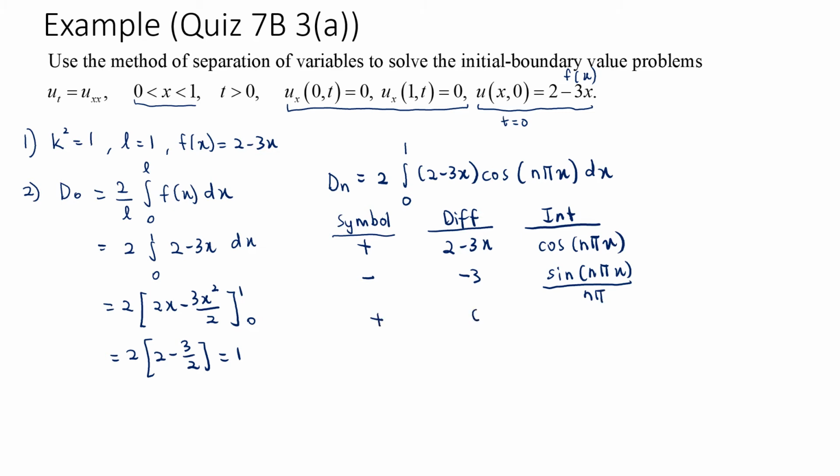Then the last one is 0, and negative cos n pi x over n squared pi squared.